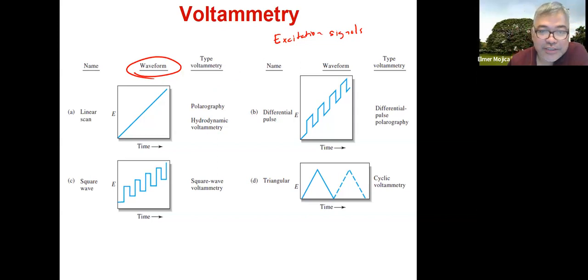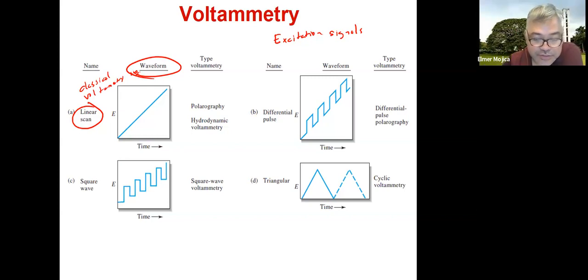So you have here the linear scan. If you look at the linear scan, with time you apply the potential and you increase it. This is the classical voltammetric, or excitation, signal.